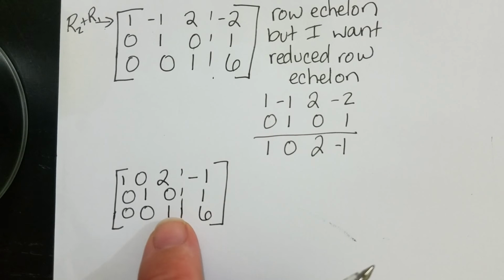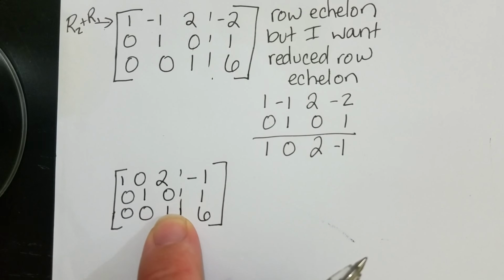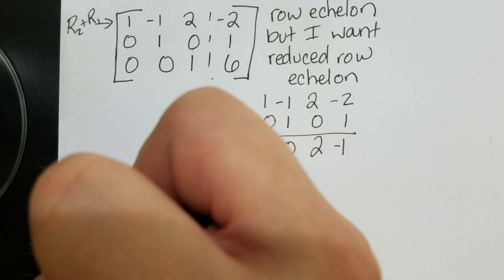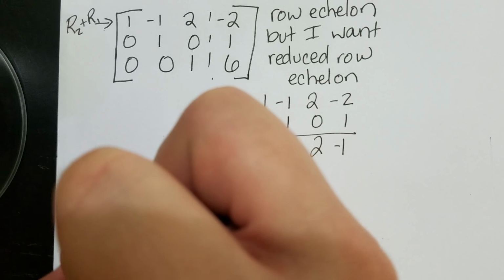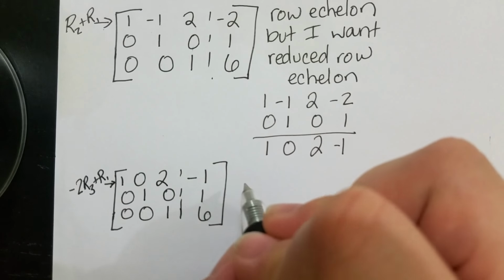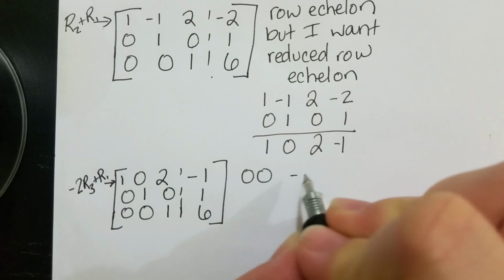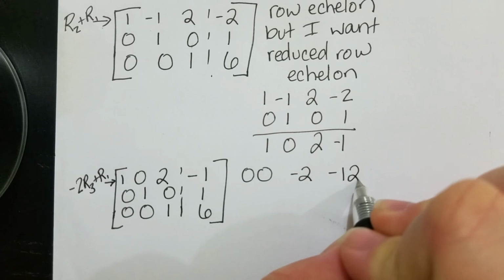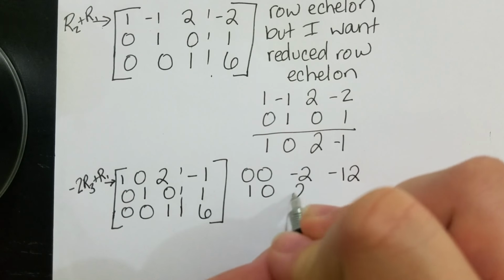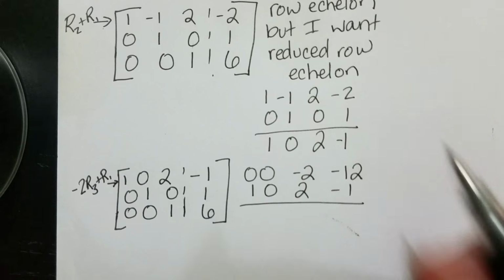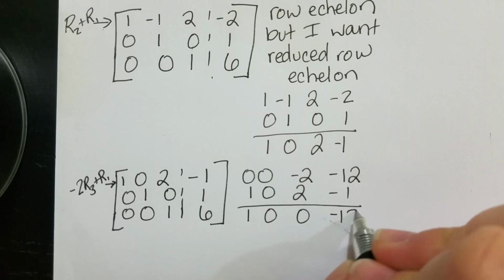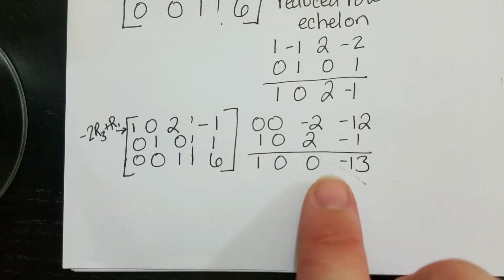So what I'm going to do is negative 2 times row 3 plus row 1. If I do negative 2 times row 3, I'm going to have 0, 0, negative 2, negative 12. Plus row 1, I'm going to have 1, 0, 2, negative 1. Add them together. These cancel. All right, so that's my new row 1.